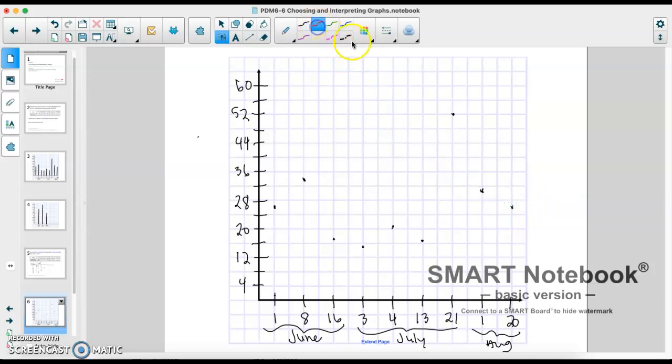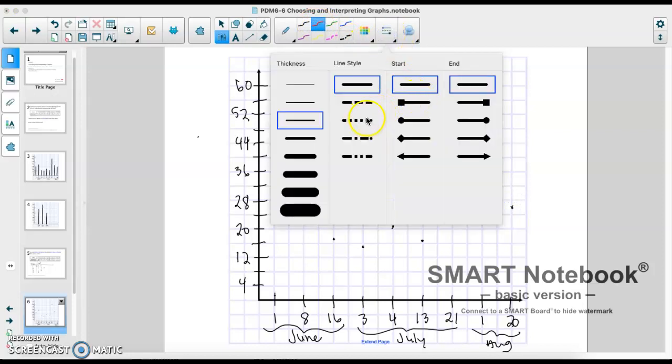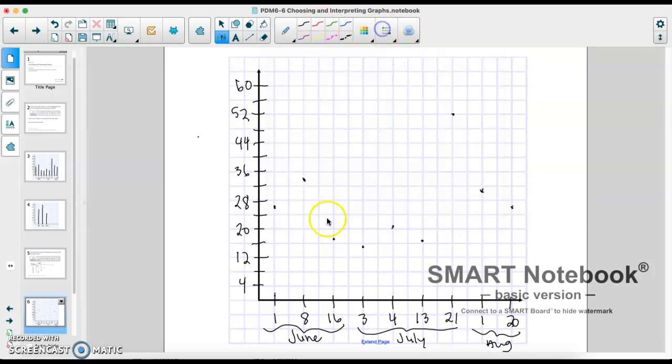I'm just going to change my color up for a quick sec, change my line style to a dotted line. And then what I can do is actually do my broken line graph. It's kind of helpful with the different color. Sort of see how stuff changes. And so this is my broken line graph, and we can get a sense of how numbers change.